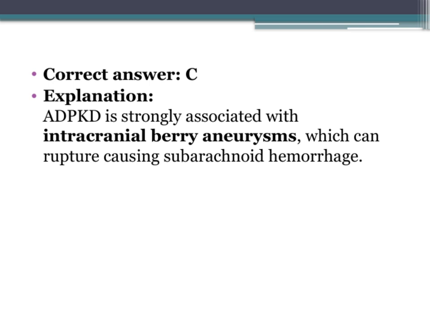So, understanding this connection is crucial because it highlights the importance of screening for aneurysms in patients with ADPKD. This ties into the overall theme of recognizing systemic manifestations and risks associated with genetic disorders like ADPKD.